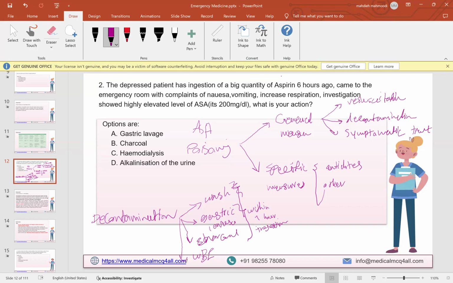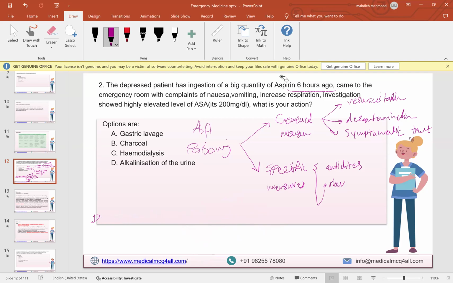So gastric lavage and charcoal only within 1 hour of the time of the ingestion. How many hours has it been? 6 hours. So these options are already absolutely wrong. A and B, absolutely wrong.